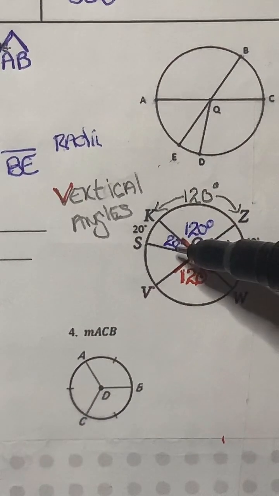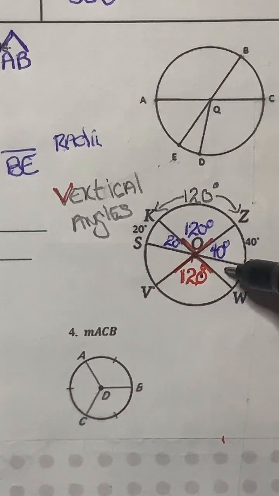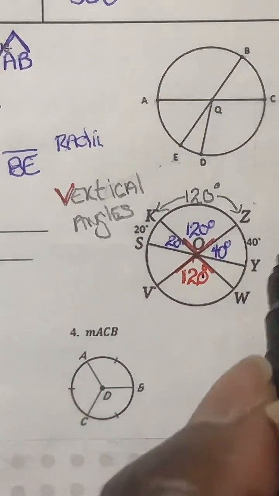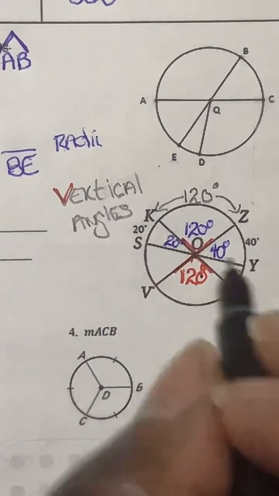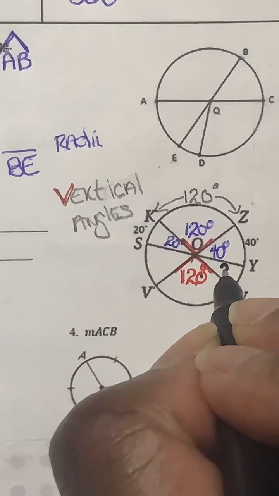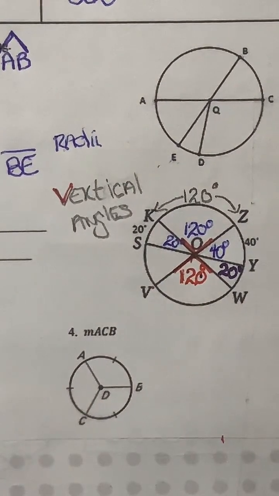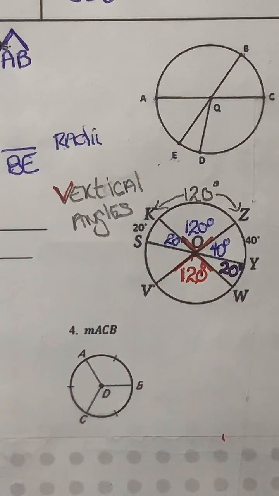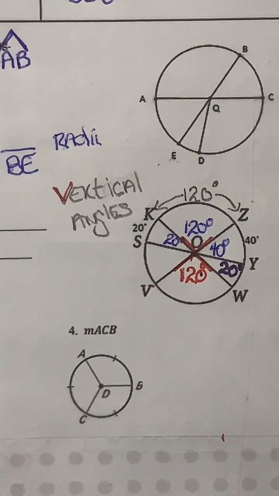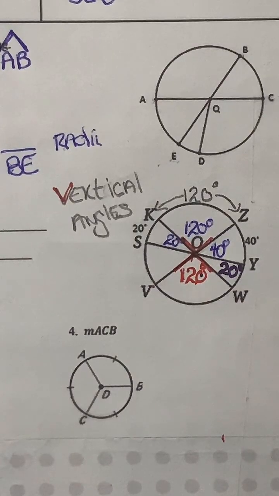If I have the 20 over here, it's not going to be the one next to it. It's going to be the one directly across from it. So YOW is actually going to also be 20 degrees.